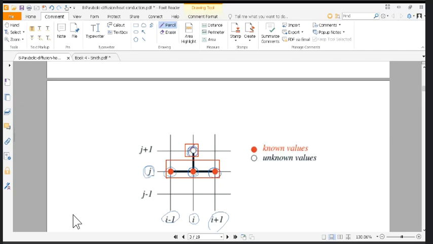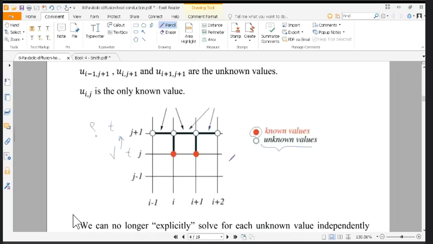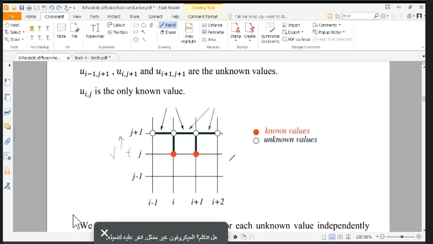At this point, we can compute u by using the value of u at 3 points at the old step size. In the explicit method we had only one point, and with the help of 3 points at the old time it was computed, so everything was known. But in the implicit method, we need 3 points at the new step size.